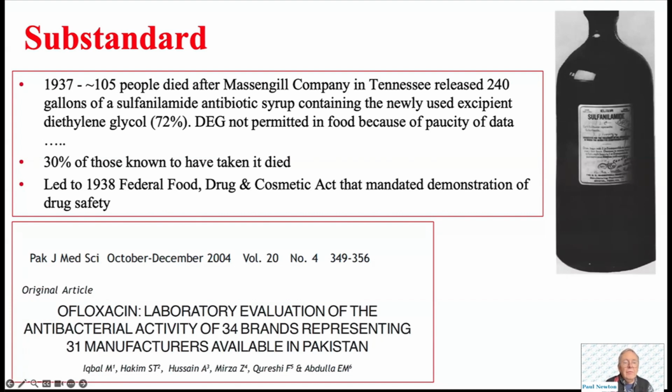So that was a very innovative way of demonstrating relatively simply that there was a problem with these products. And this wasn't by intent, it was an error in manufacturing.